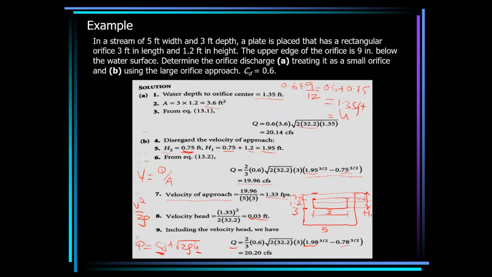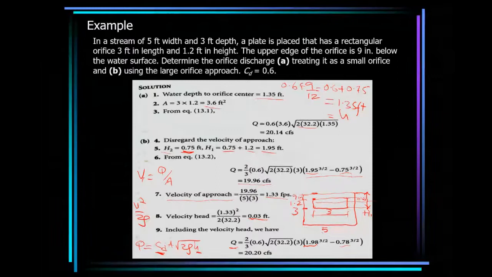You can see when we include the velocity head, our flow rate increases slightly. It moved from 19.96 to 20.2. Although the increase is so small, because 19.96 is approximately equal to 20, and 20.2 is also approximately 20.